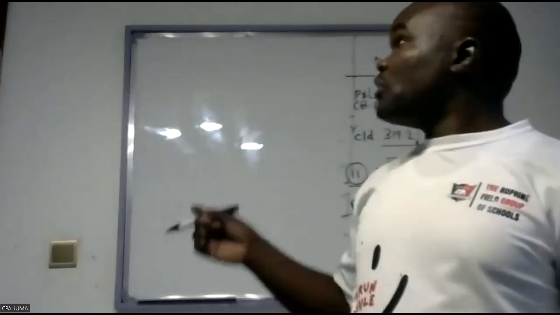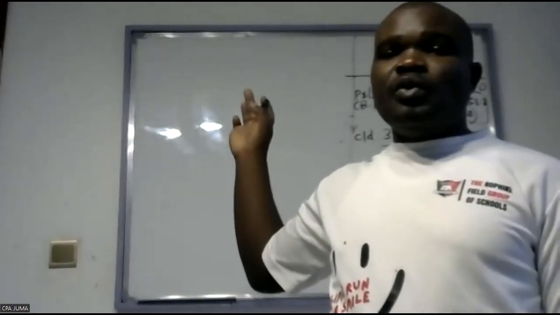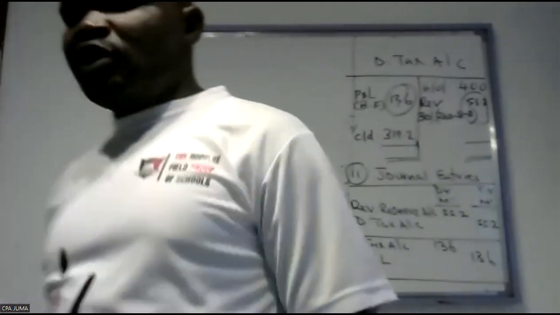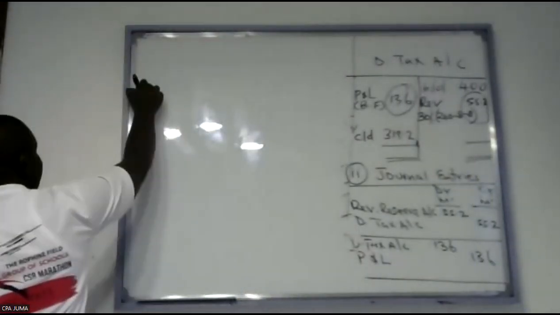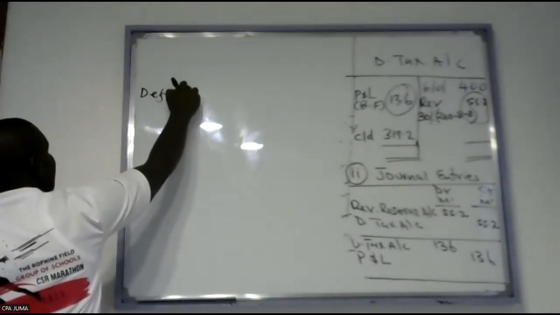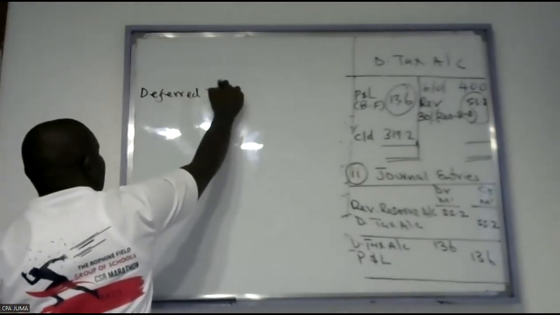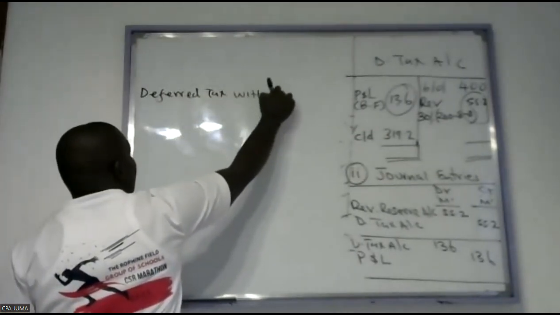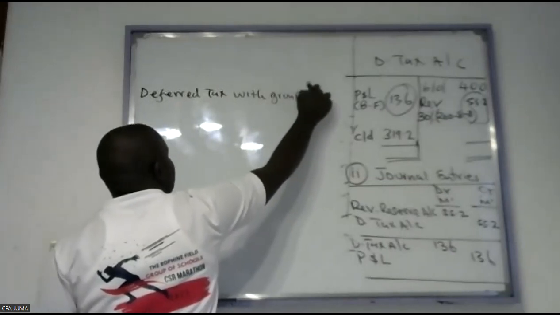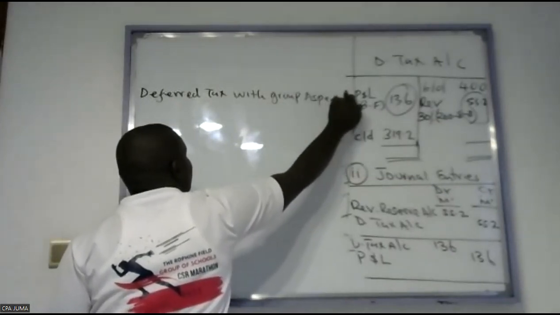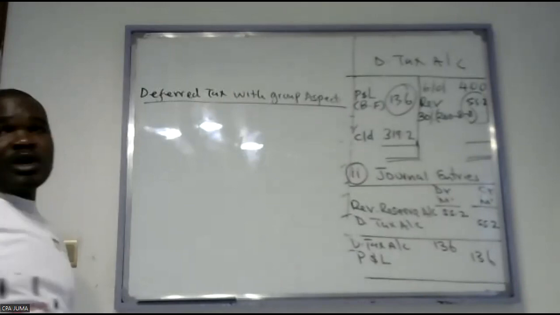So for those who are joining now, we are done with the first question. We want to go to the next one, but we are writing something small. Deferred tax with group aspects.